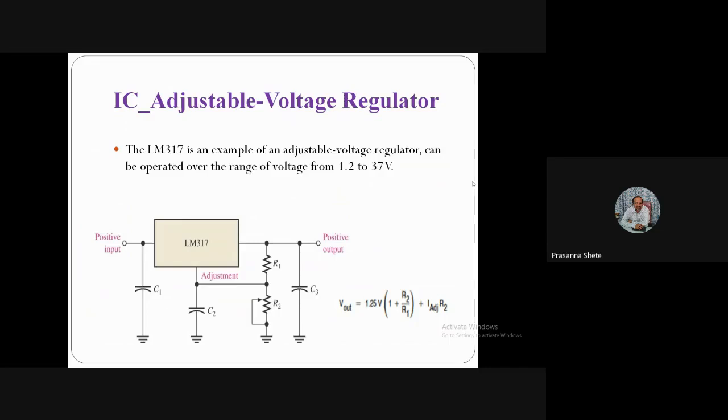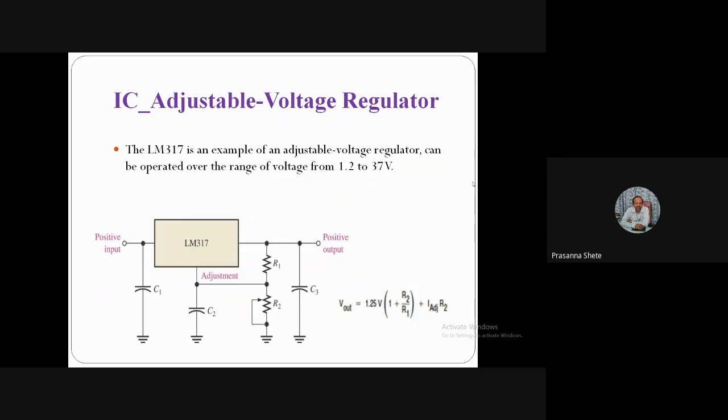You can see R1 is fixed and R2 is a variable resistance, that is, it is a potentiometer. And then we have C3 capacitor, and then we get the regulated DC output, and that can be calculated by the formula given on the screen as Vout equals 1.25 volts times (1 plus R2 upon R1), plus I adjustable current times R2.